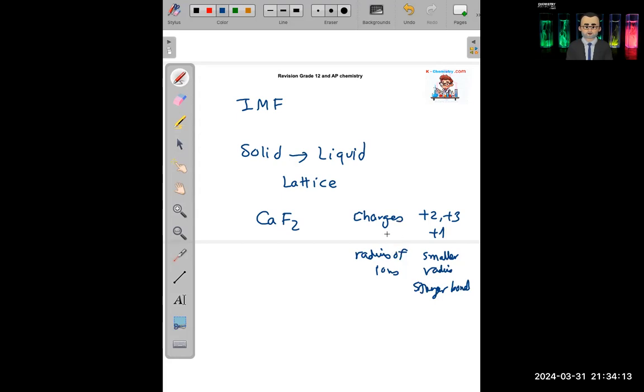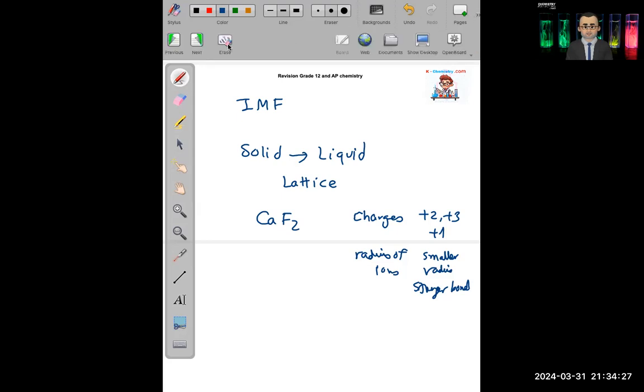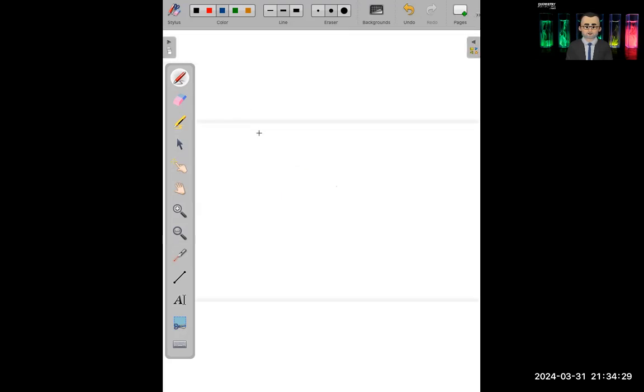Covalent substances which are liquid at room temperature will boil when the intermolecular forces between them are broken. If I have a molecule of small size, this means the number of electrons is small, so the intermolecular forces will be small, especially the dispersion forces. But if it has hydrogen bonding, it might be stronger. If it has a dipole, which we call a permanent dipole, this will also be strong.